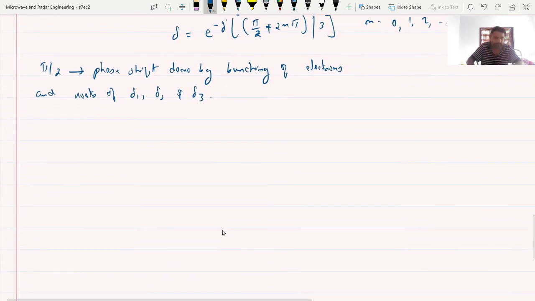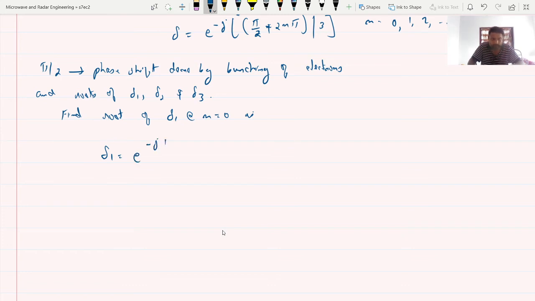So you have to find the root of delta 1 at n equal to 0, that is given by delta 1 is nothing but e raised to minus j pi by 6, which is nothing but root 3 by 2 minus j 1 by 2.